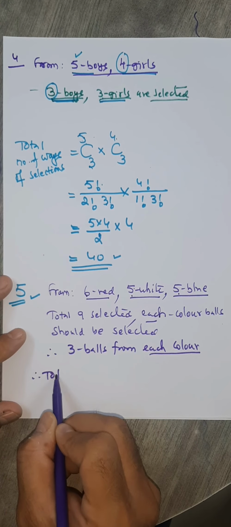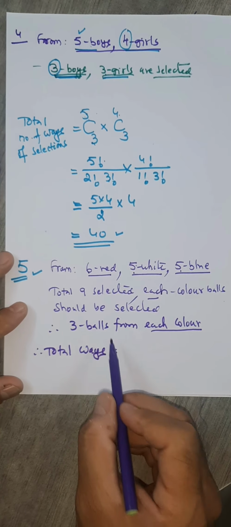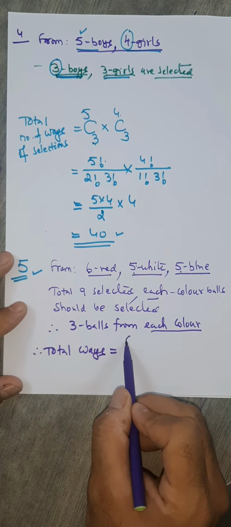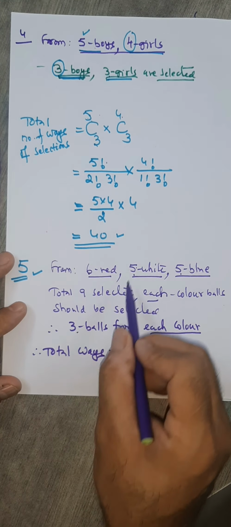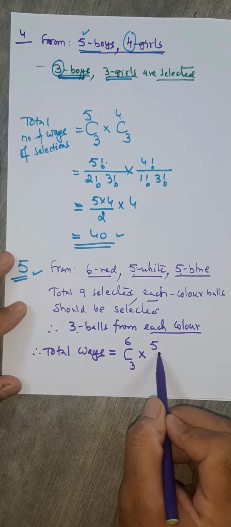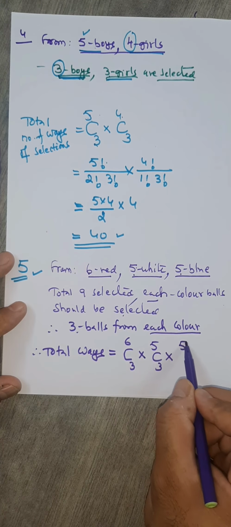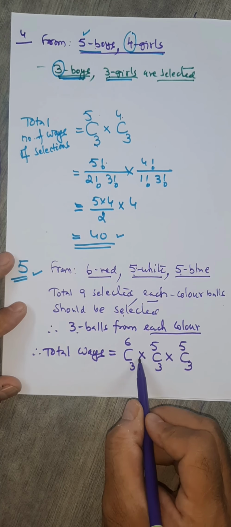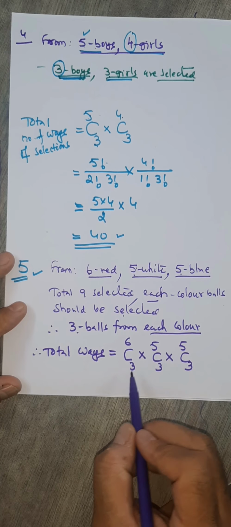So total ways of doing this equals 3 out of 6, that can be done in 6C3 ways, into 3 out of 5, that is 5C3, into 3 out of 5, so again you will get 5C3. Why into? Because you are using the word and, which means counting principle.